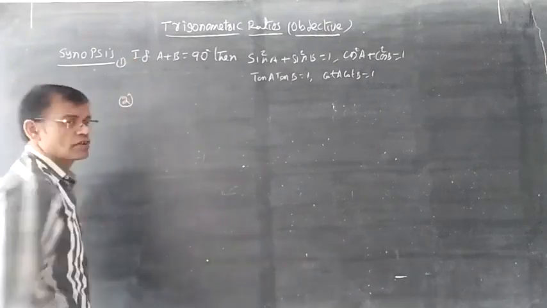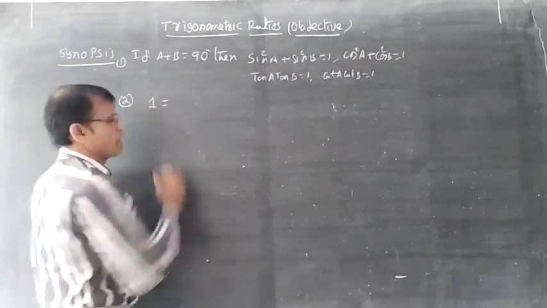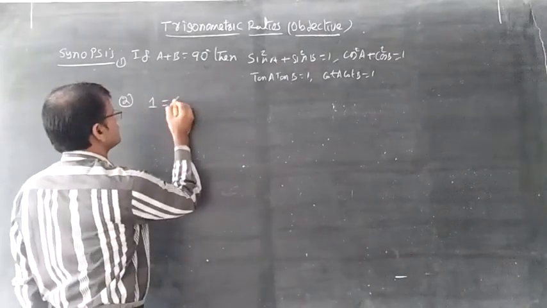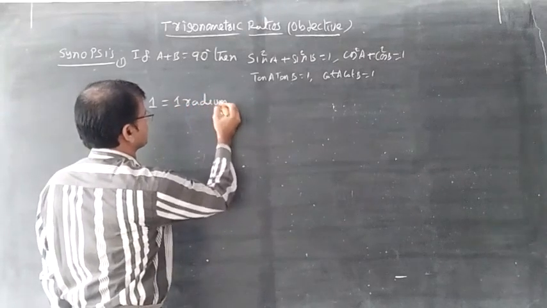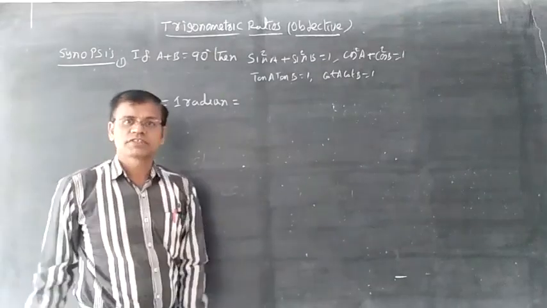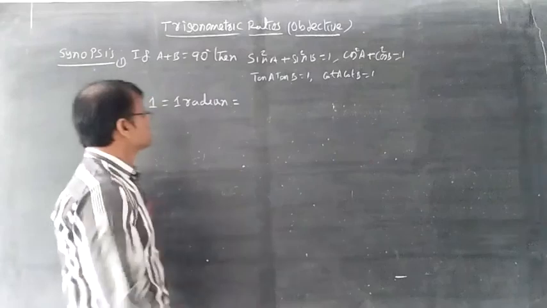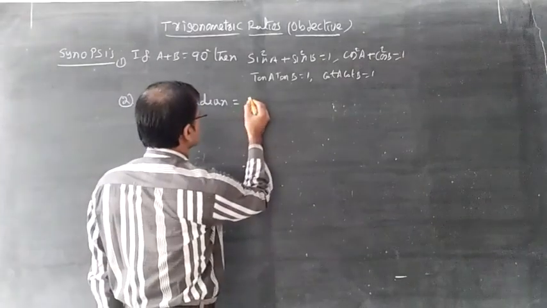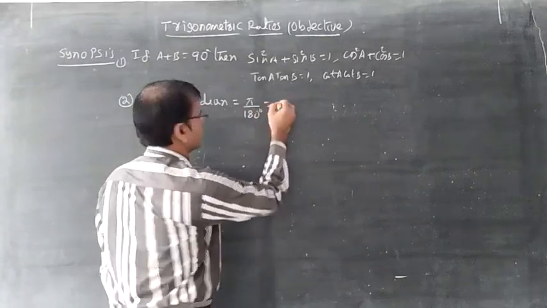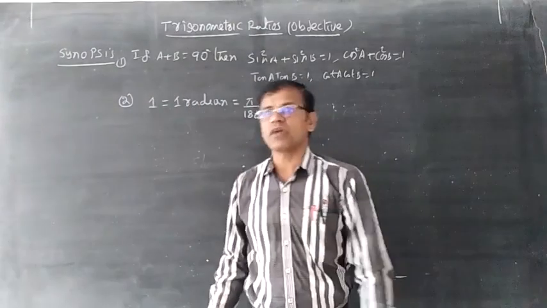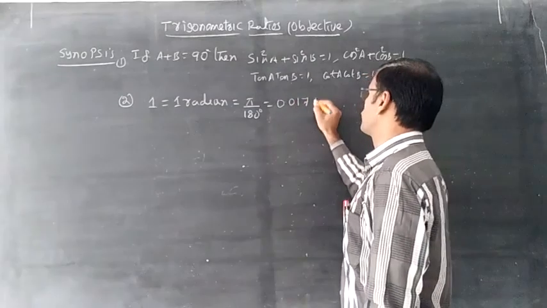Next one, in our trigonometry, one simple one meaning is 1 radian. First, in the starting I said sexagesimal system, centesimal system and radian system. So 1 radian means pi by 180 degrees, its approximate value is 0.01745.